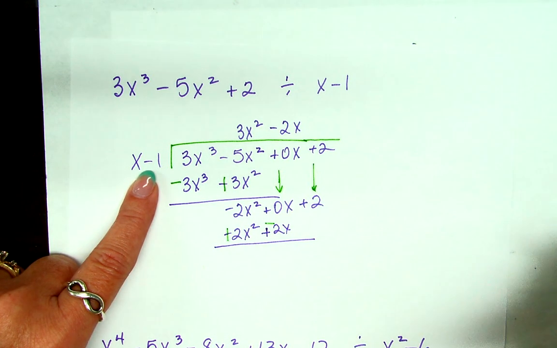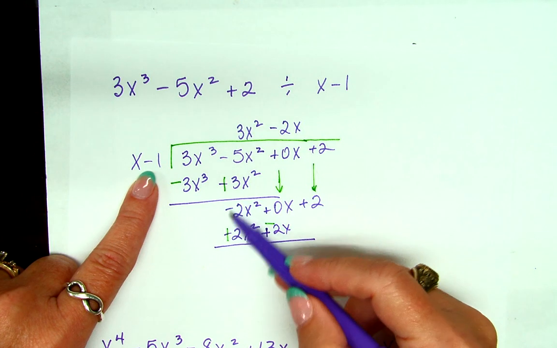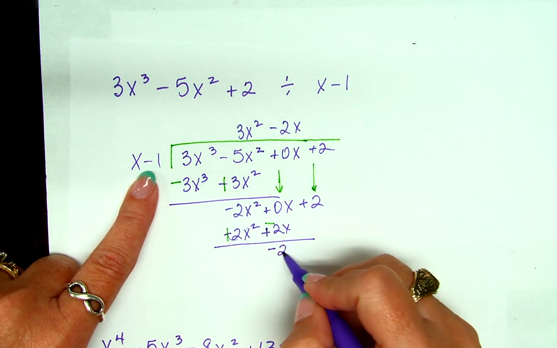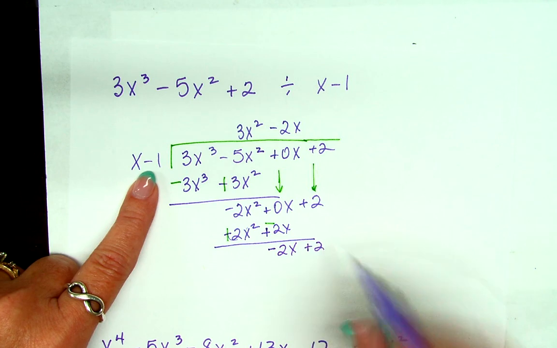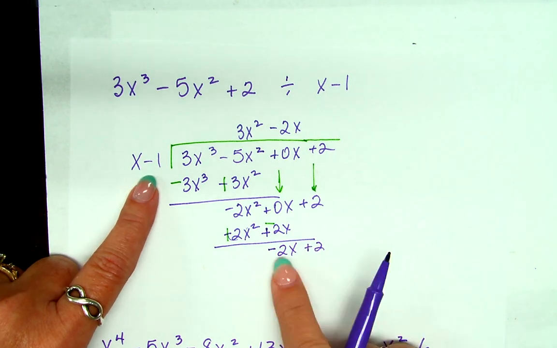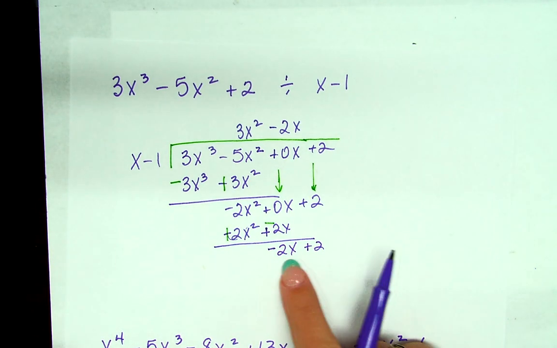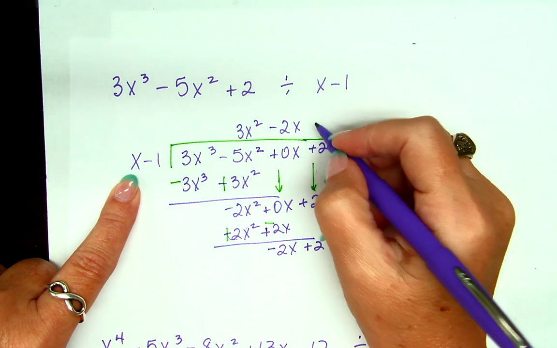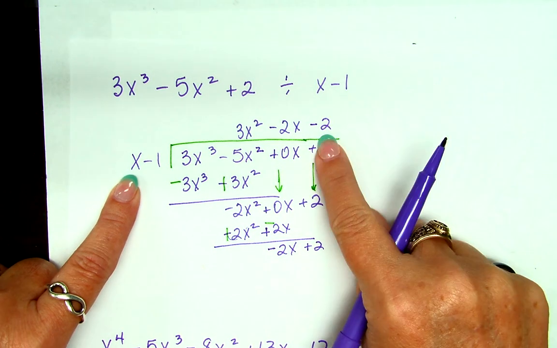Subtract, subtract. So this is 0. This is negative 2x plus 2. And now? Start over. Negative 2x times x. And negative 2. And now?